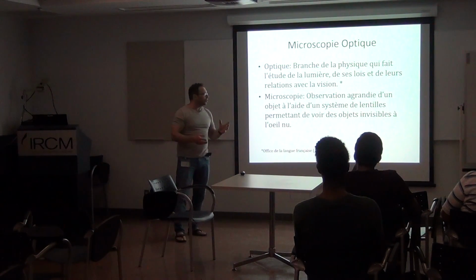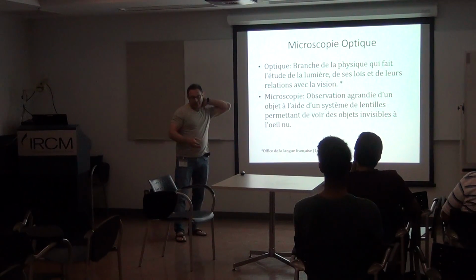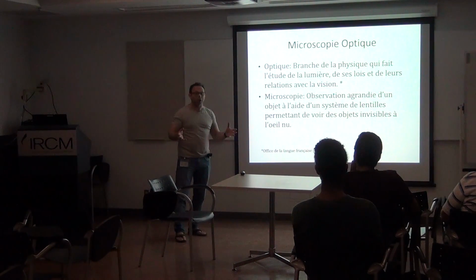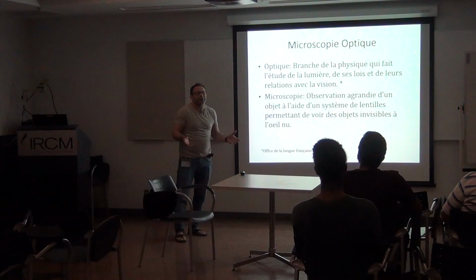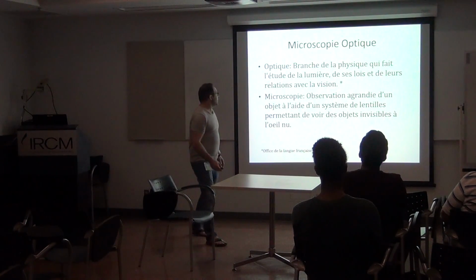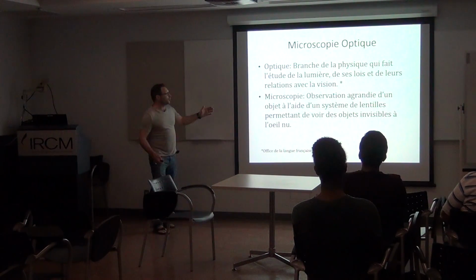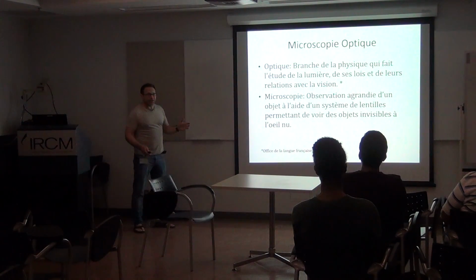Okay? So that's a big advantage of being in a normal environment, a living environment. And microscopy is just to observe something with a lens system or any system which would allow you to see things that you're not able to see with your eyes.